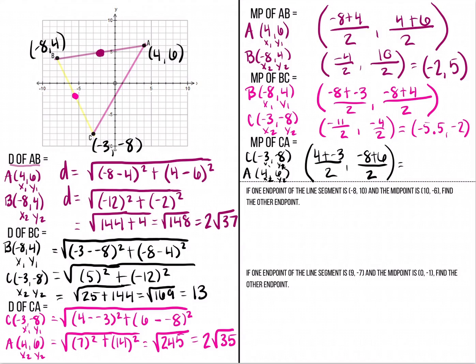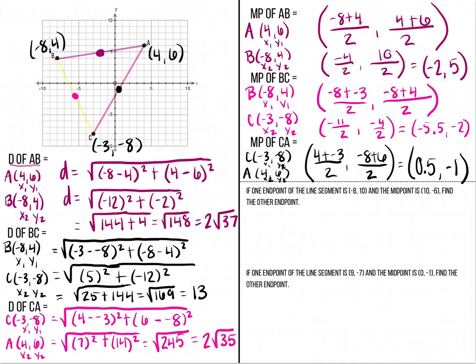Then that's going to be 0.5, and negative 8 plus 6 is negative 2 divided by 2 is negative 1. So our midpoint is (1/2, -1). So we're going to graph that. So (1/2, -1), and that would be right here. So those are the midpoints on that graph. Okay, so the midpoint is literally where is the middle between the 2 points. Okay, and then the last 2 problems.